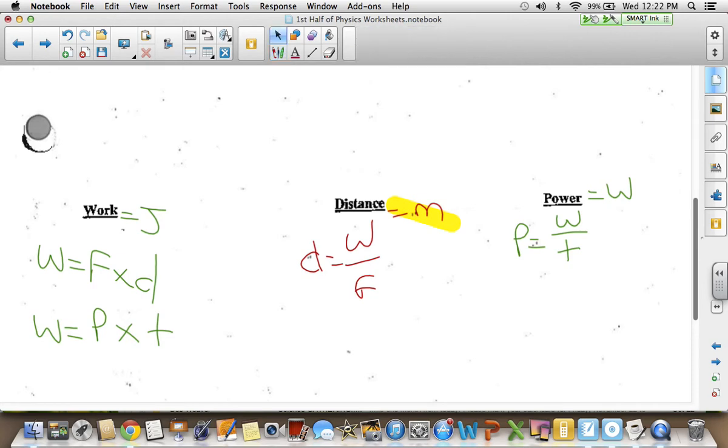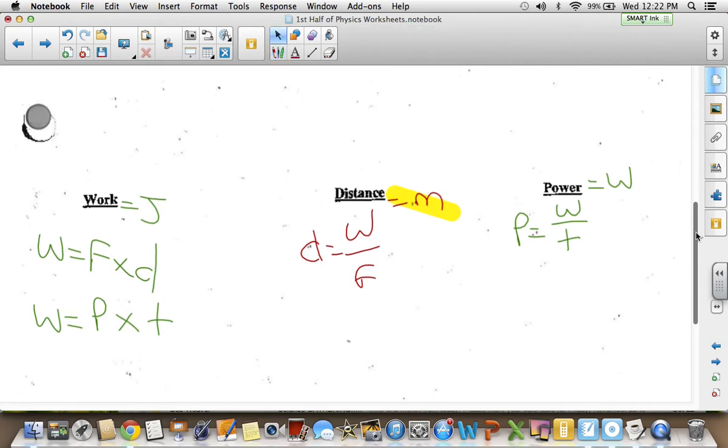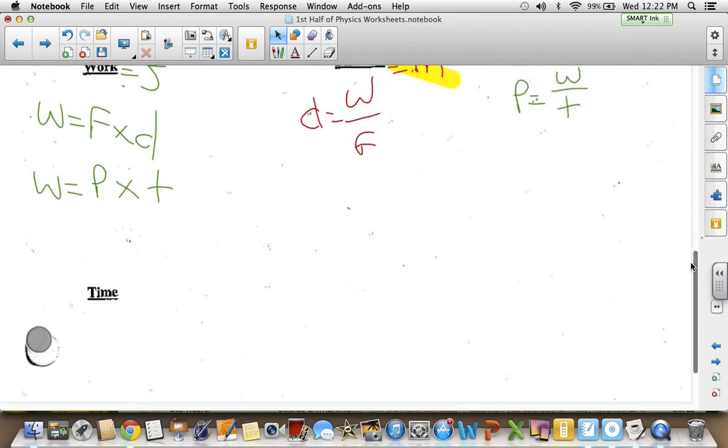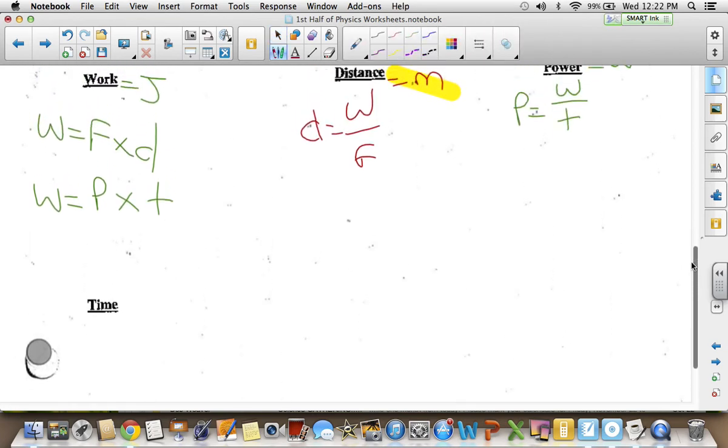And we now have a new equation for time, and time will be equal to work divided by power. Units for that will be seconds.